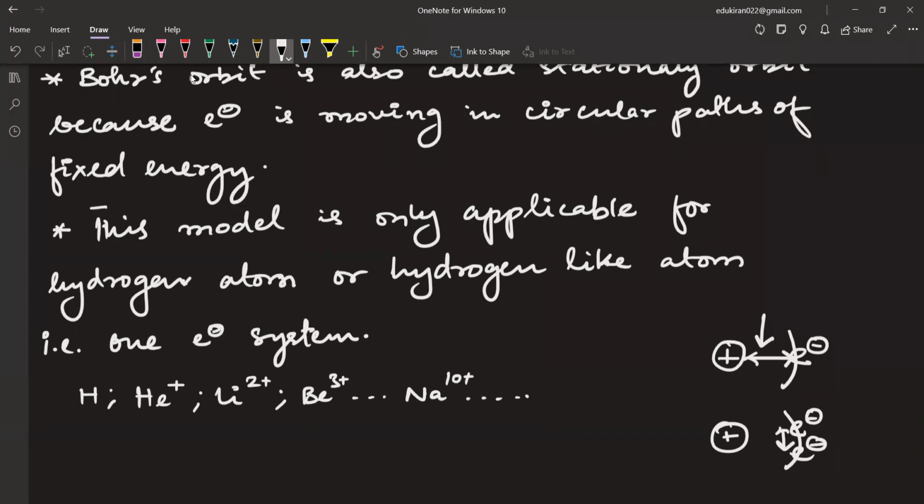The only thing is that I have to bring down the force to 1. The interaction between the particles should be only one interaction, attractive interaction. I don't want to deal with the repulsions. In attraction only, it is difficult enough. So qualitatively, it is applicable for all of the systems, but mathematically, quantitatively, it is applicable only for hydrogen-like systems, one electron system. Is that clear?